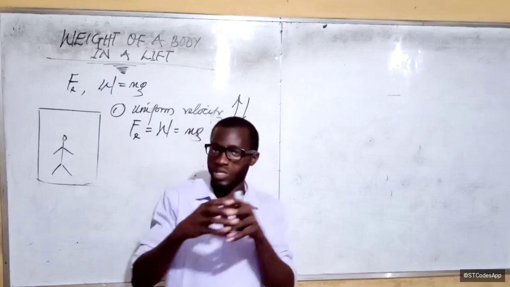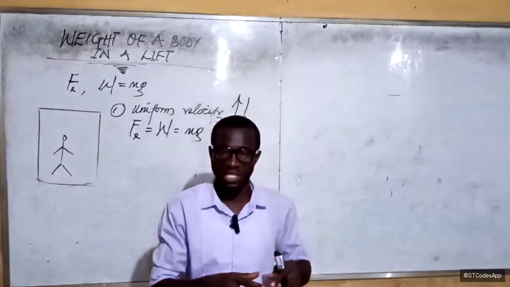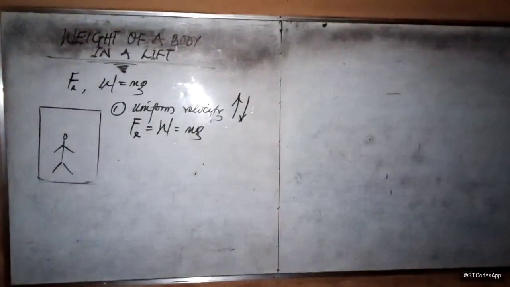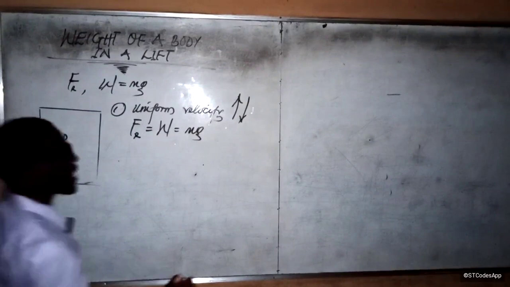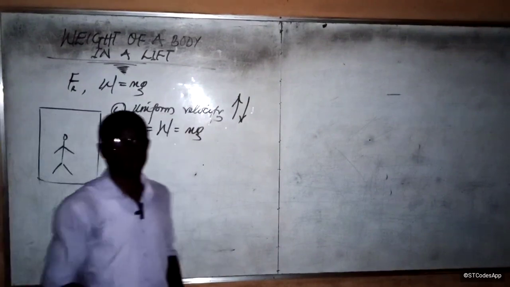So the weight that will be recorded of that body inside the lift will be the same as that which will be recorded if the body were to be outside of the lift. Okay?